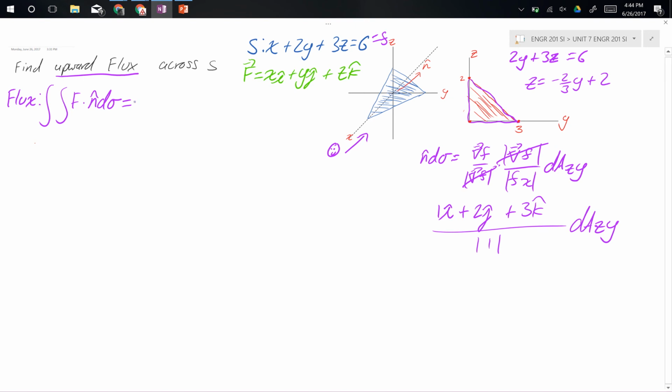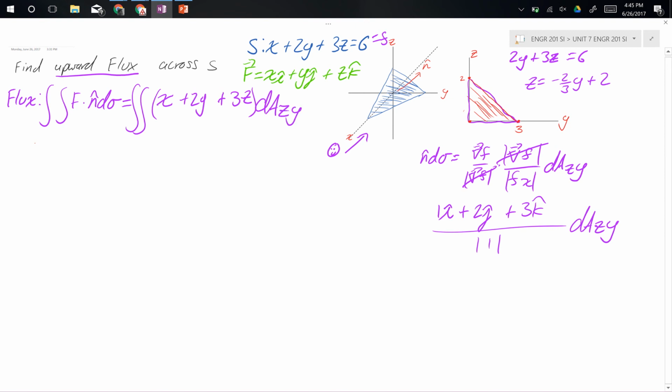So we'll have x times 1, plus y times 2, so plus 2y, plus 3 times z, so plus 3z. And since dA is included in that, I forgot to put my little double integrals with that. I'll put that over dA zy.